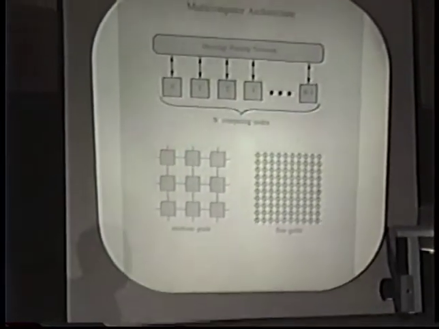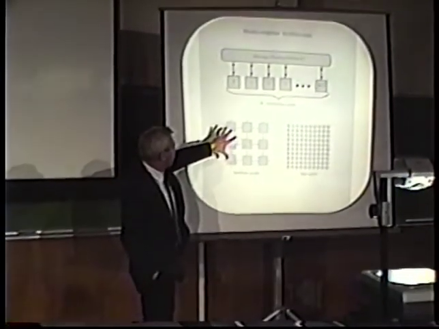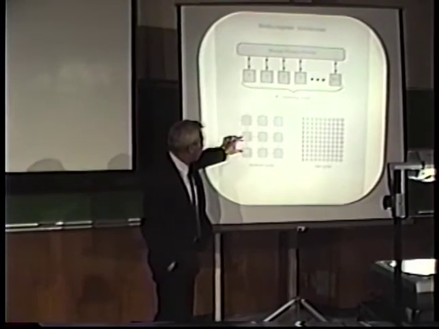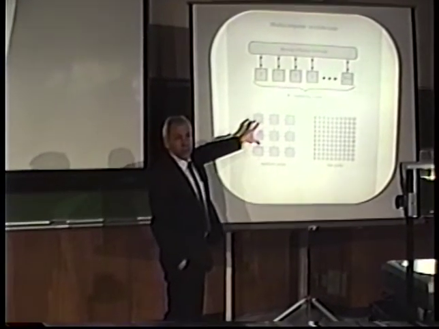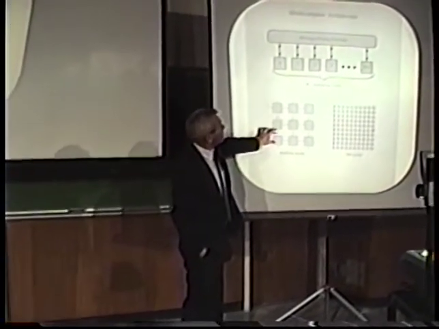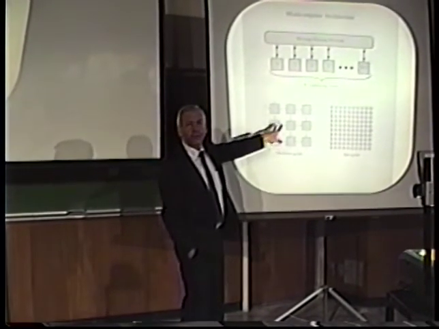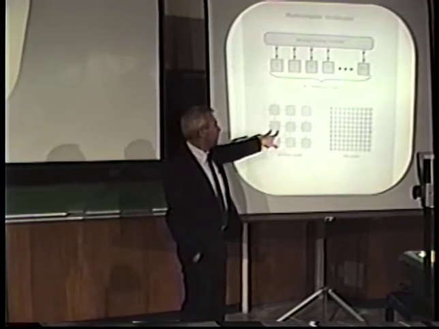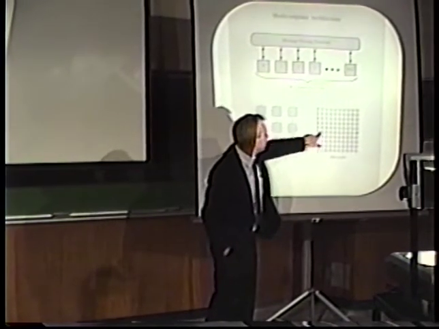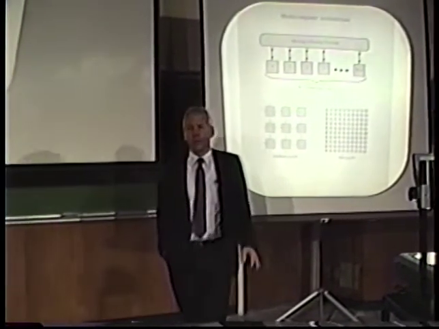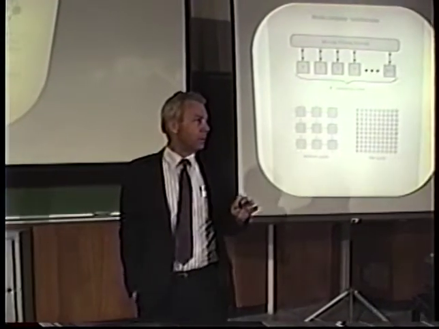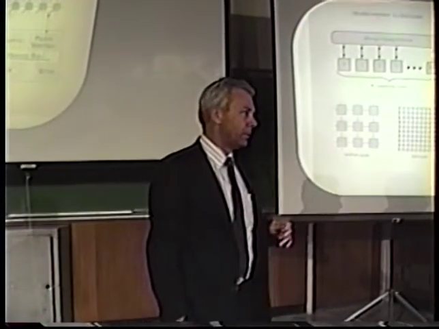By just ordinary usage and almost jargon, people have attached the term medium grain, or larger block size of nodes, to machines in which the nodes are roughly circuit board size, and fine grain to machines in which the nodes are roughly chip size, or several chip size.